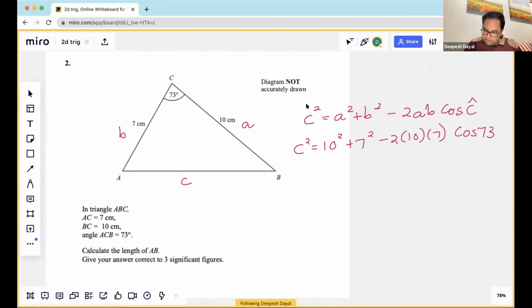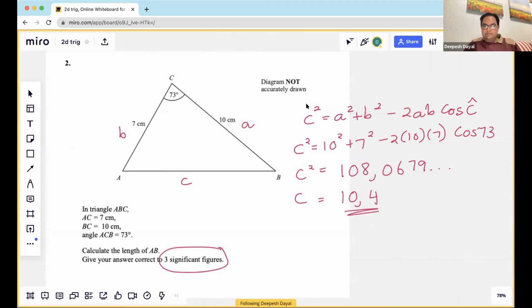So C squared equals 108.0679. So C will be the square root of that, which is 10.4. They say three significant figures, so it's 10.4. And that is the answer. We use the cos rule.